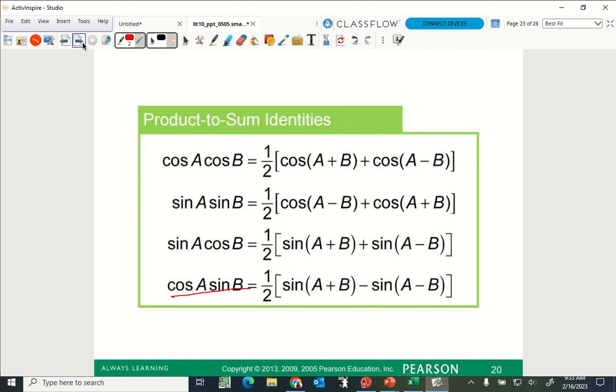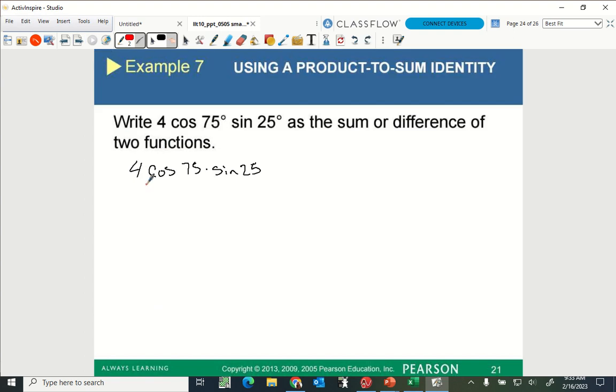I could take it out. How am I going to take that out? Yeah, I'm going to divide both sides by 4. So by doing that, I'm going to divide this by 4. And over here, it's going to be equal to, dividing this by 4 is 1/2.